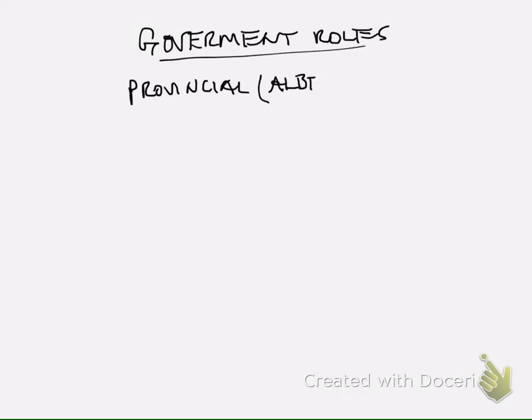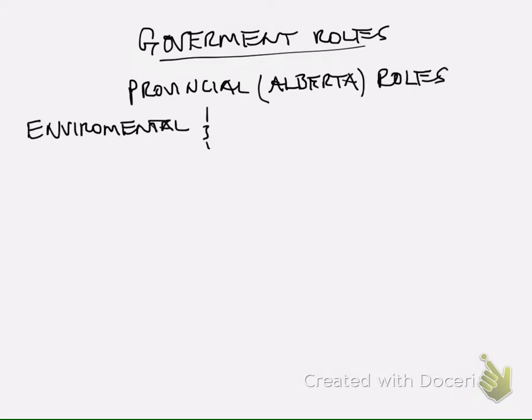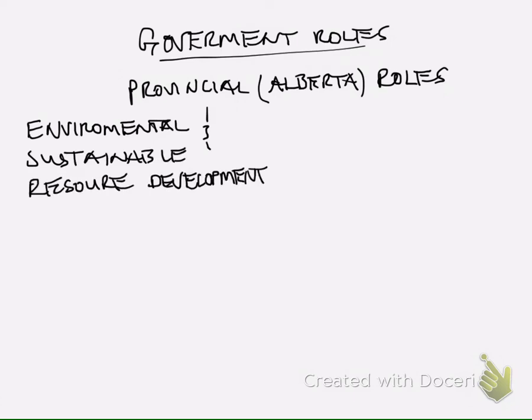Still under the government roles, we have the provincial level here in Alberta, the main one that we're going to talk about. There's the Alberta Energy Regulator, and it overlaps with the roles of the Environmental Sustainable Resource Development Department of the provincial government. What the ESRD does is how we can remember the acronym.